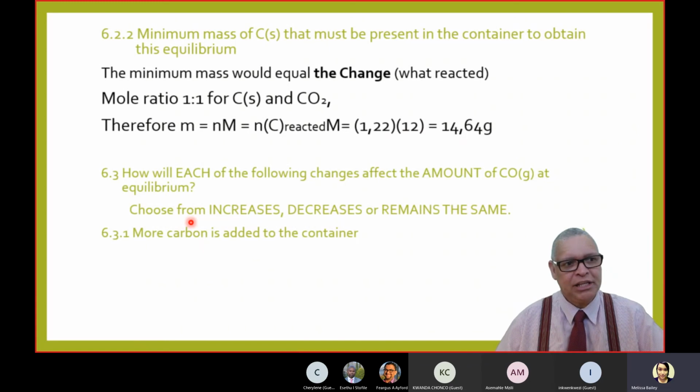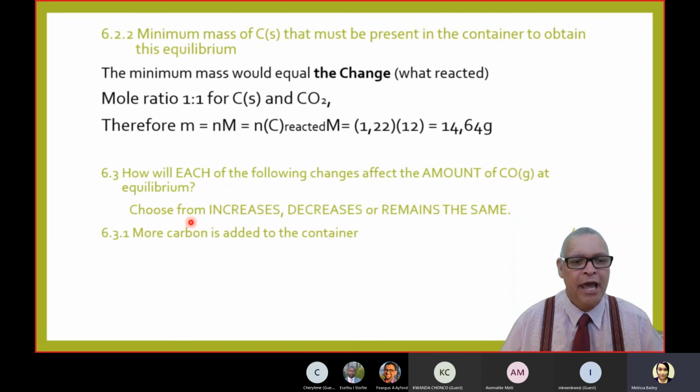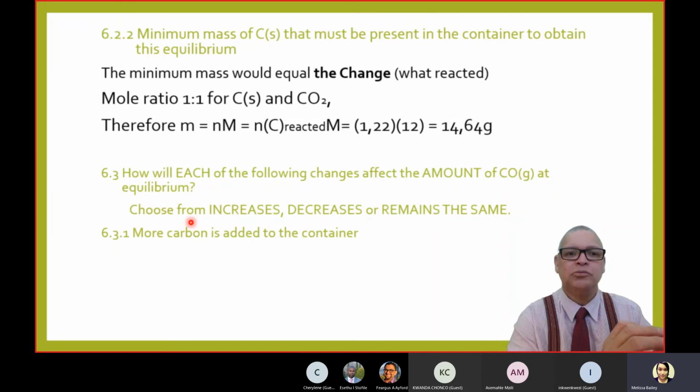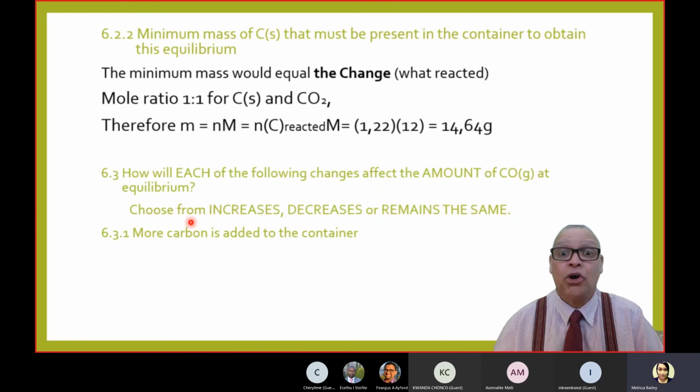What the examiner is doing in this part of the question is he's testing our understanding of chemical equilibrium. Notice he's shining the spotlight on one substance in that balanced chemical equation. In this case, it's on the carbon monoxide. And you may remember from the equation, the carbon monoxide is the product. There were 2 moles of carbon monoxide.